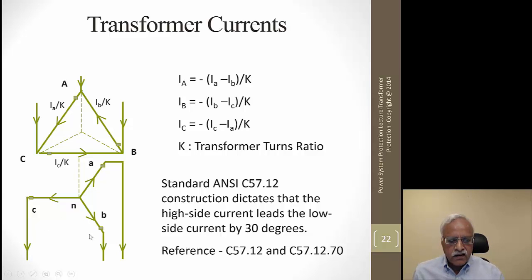Or if the low side is leading the high side, it could be leading the high side or lagging the high side by 30 degrees or 150 degrees. So there are various combinations which we will go through at the end of this when we talk about vector groups in the transformer, the way IEC, International Electrotechnical Commission, determines it, which is a standard all around the world outside United States.